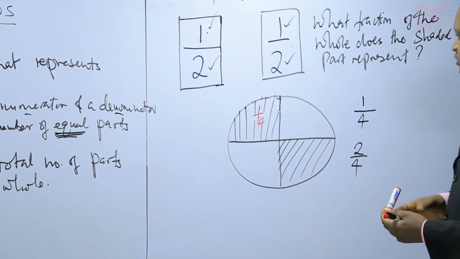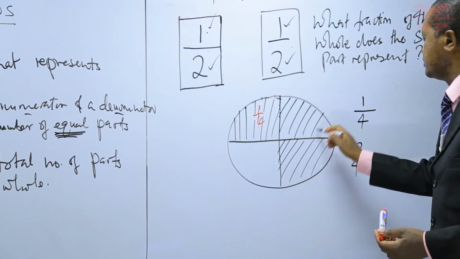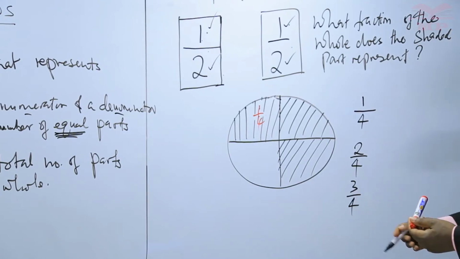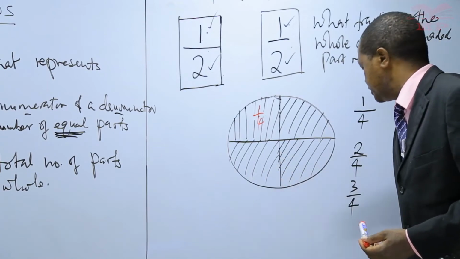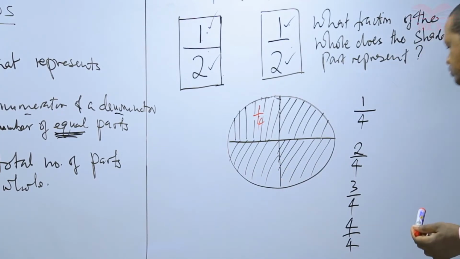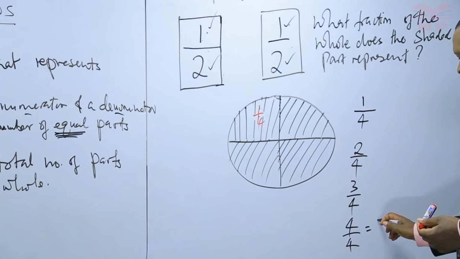Where you have 3 shaded parts, you'll have 3 over 4. Where you have 4 shaded parts, this will be 4 over 4. And this 4 over 4, you can see, is equal to 1.